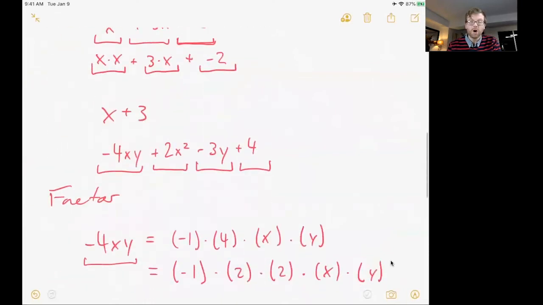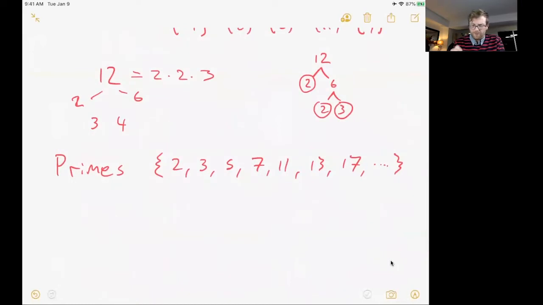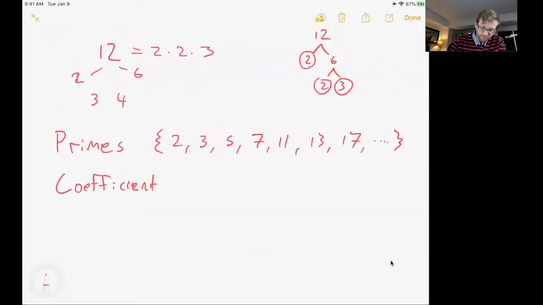Let's see, coefficients. So, we also talked a little bit about variables. I'm going to leave that for a later time. But what I really want to talk about now is coefficients. Coefficient. So if we take that same term that we've been working with a little bit before, which was negative 4xy, it's got these variables in the term, x times y, but it's also got this number out front, negative 4, okay?